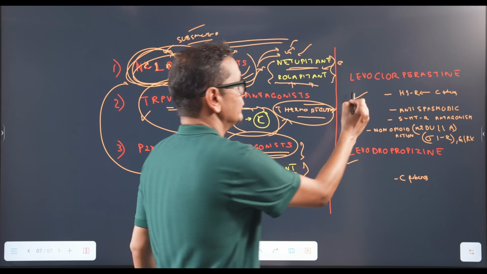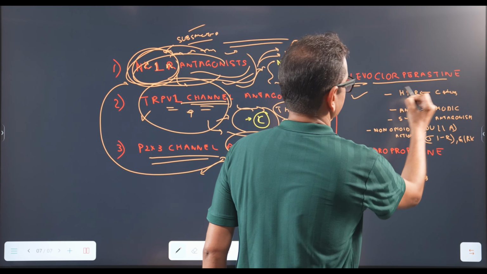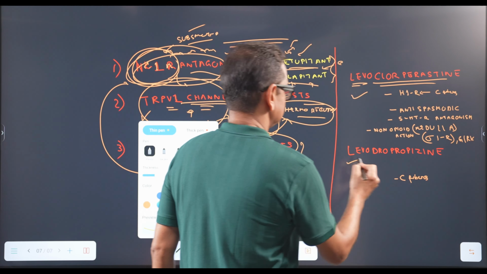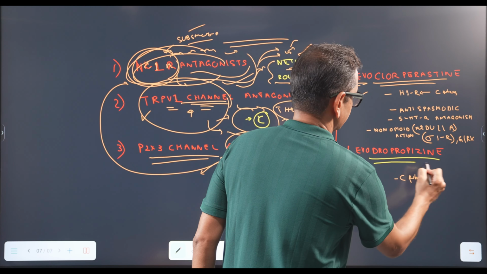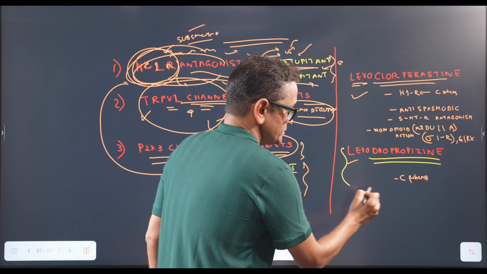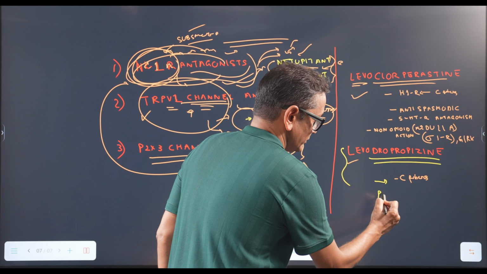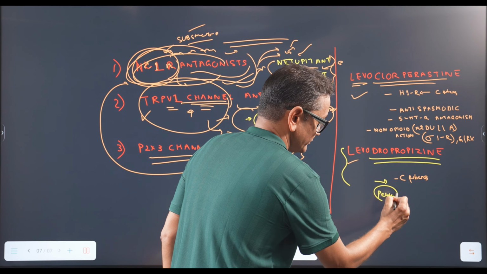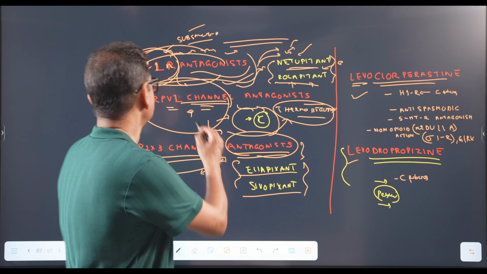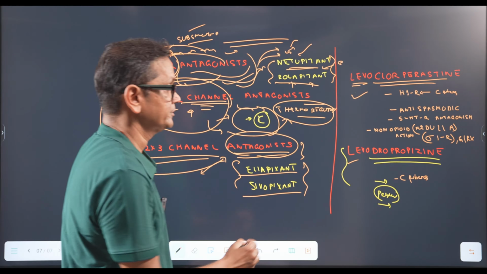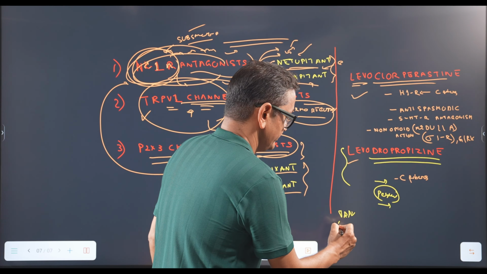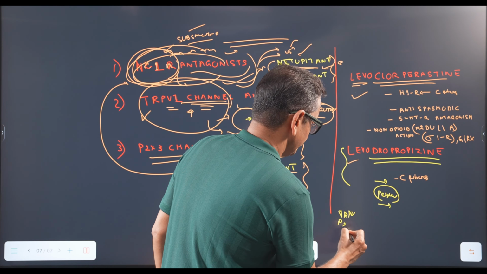One is the levo isomer of cloperastine. Second one is levodropropizine. Levodropropizine has got peripheral action. So at the level of nociceptors, we have seen TRPV, second one is P2X3 channels.